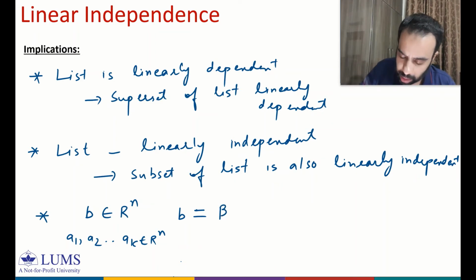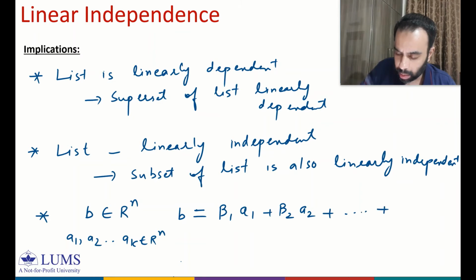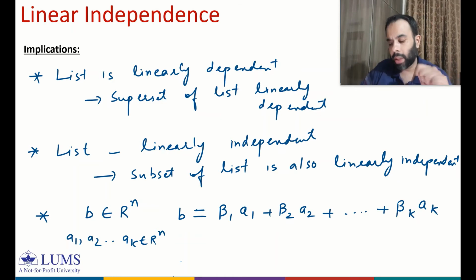So we can say b = beta 1 a1 plus beta 2 a2 plus ... plus beta k ak. Then these beta 1, beta 2, and beta k are unique for any given b.